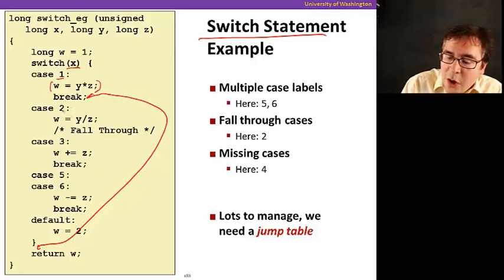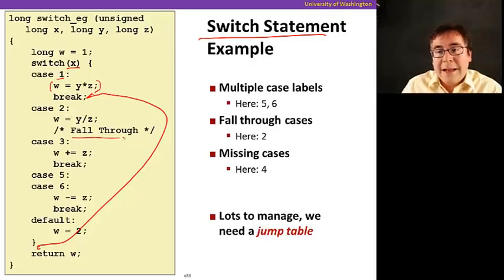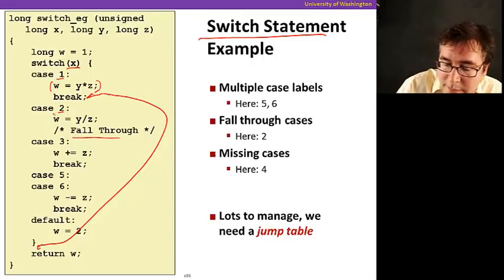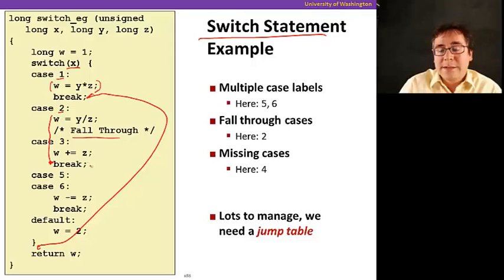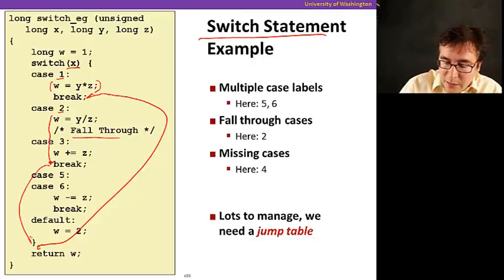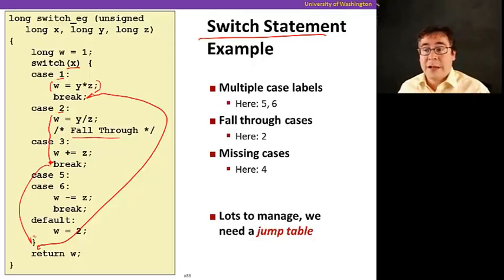There are some other cases called fall-through cases that do not have a break statement. For example, if X happens to be set to 2, this piece of code is going to be executed and it's going to continue executing through the next block until it sees the next break statement. Then this jumps out of the switch and continues executing.